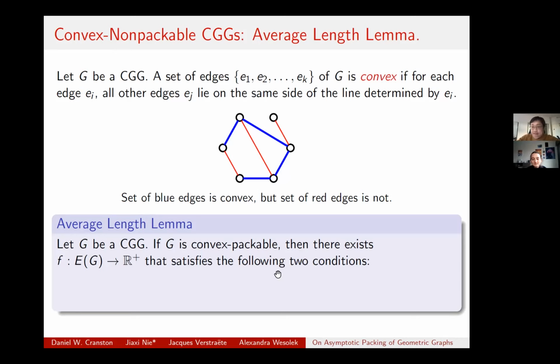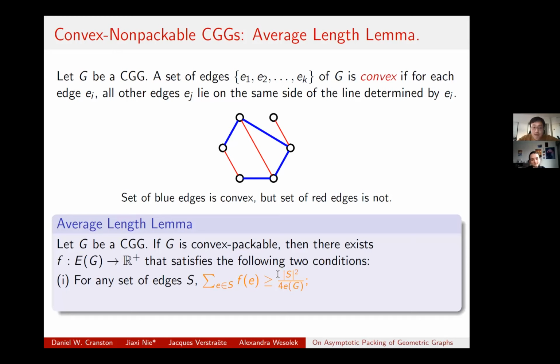I want to stress that basically this function f means the average length of the set of edges covered by a certain edge, normalized: the average length over n. Okay, and this function f must satisfy two conditions.